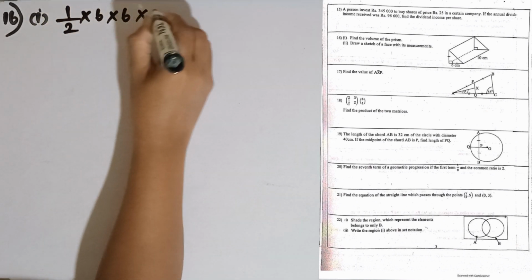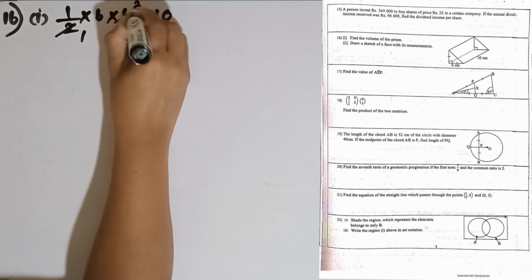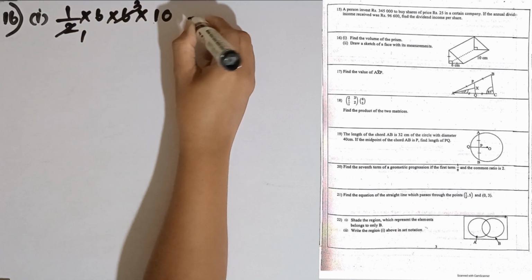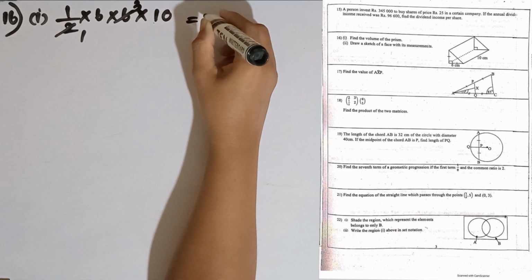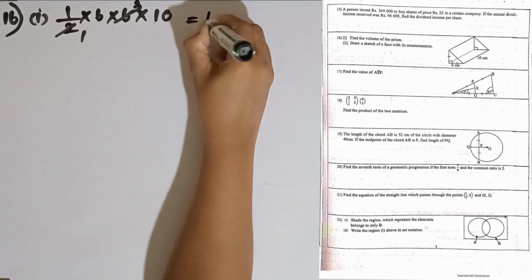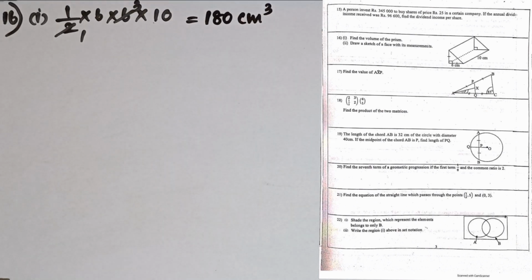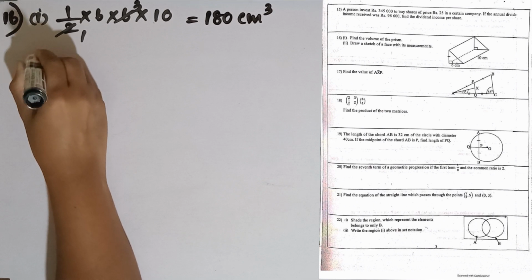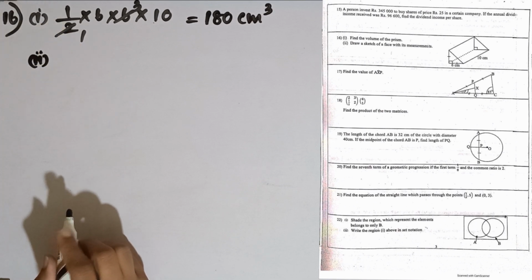Then the length is 10 centimeters. 2 times 1, 2 times 3. Then the answer is 180 cubic centimeters.